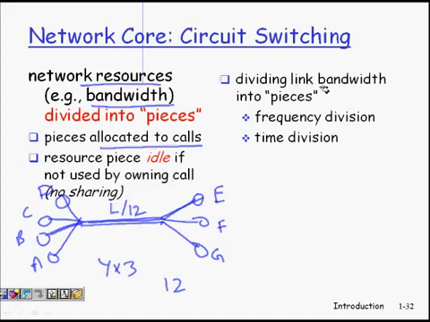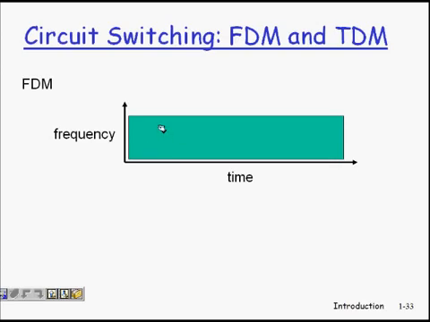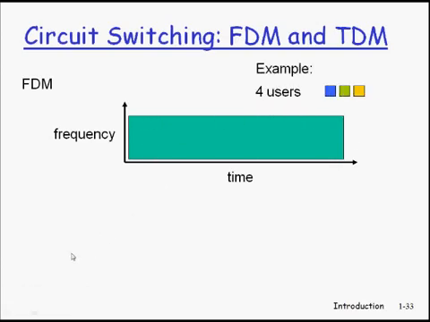So how can we divide the link bandwidth into pieces? Bandwidth can be divided using frequency division or time division. First is frequency division. We have a whole band of frequency and there are 4 users.